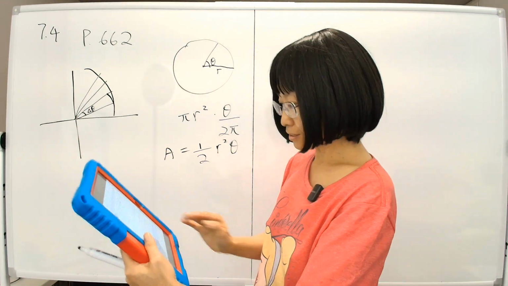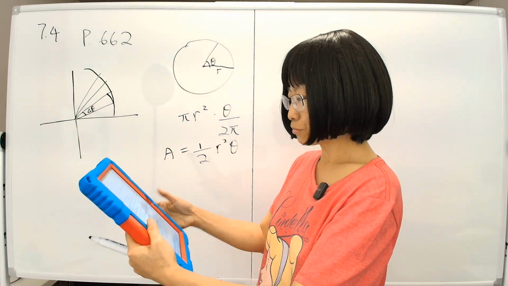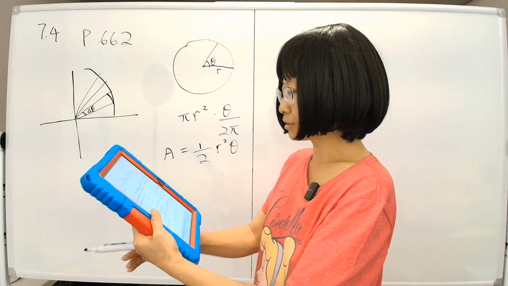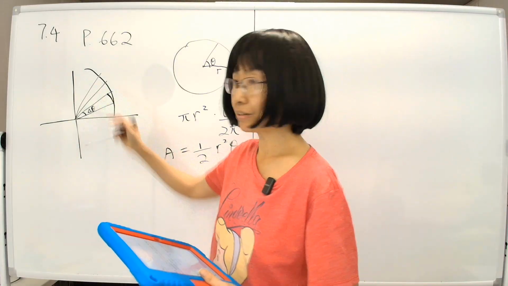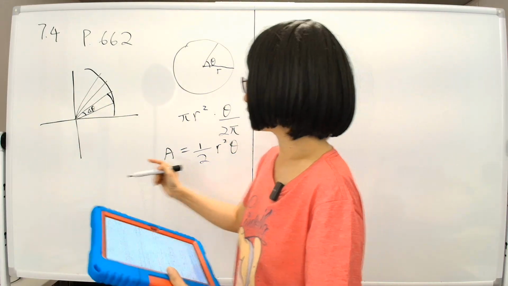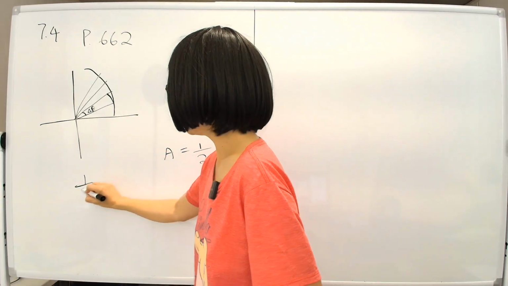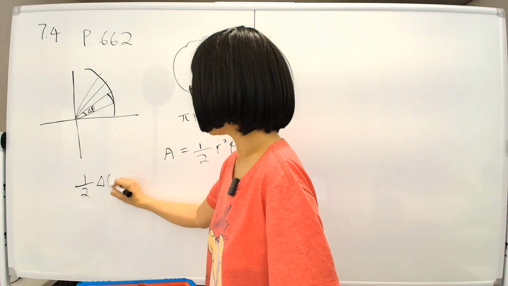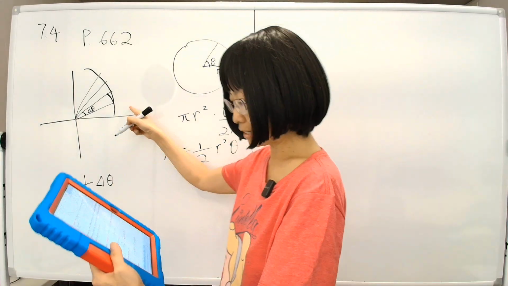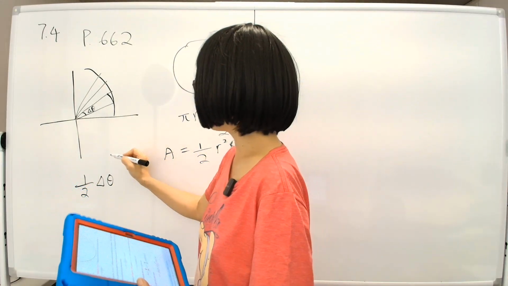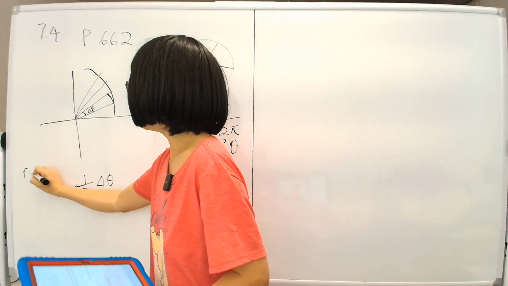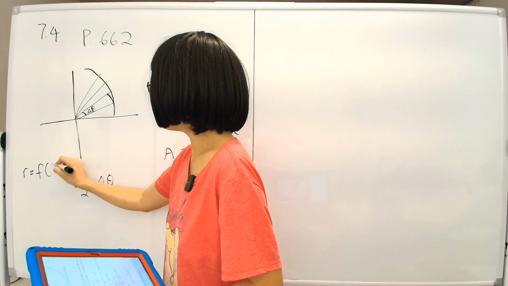So what is the area then? The total area, you add up all your slices. Each one, of course, is 1/2 times the angle delta theta times the radius. The radius is given by the formula r equals f of theta.